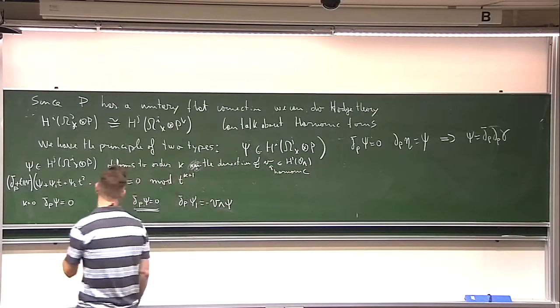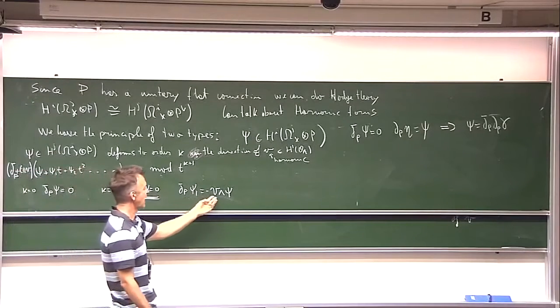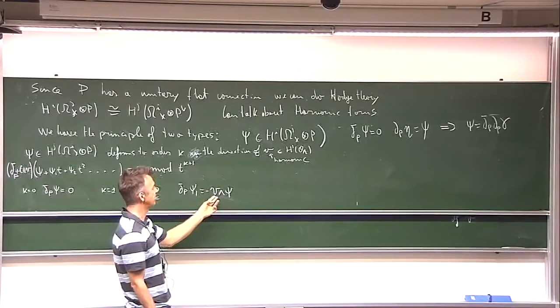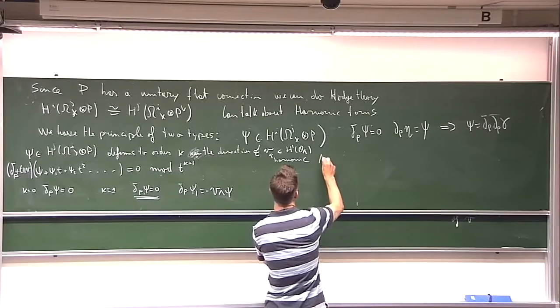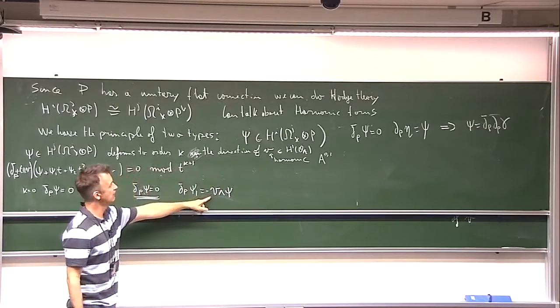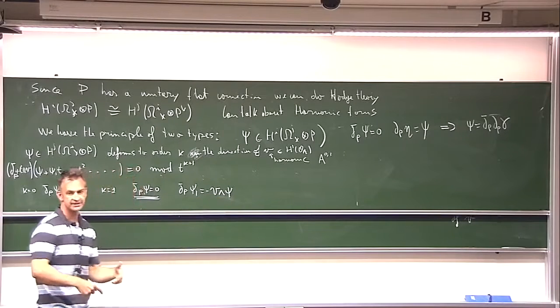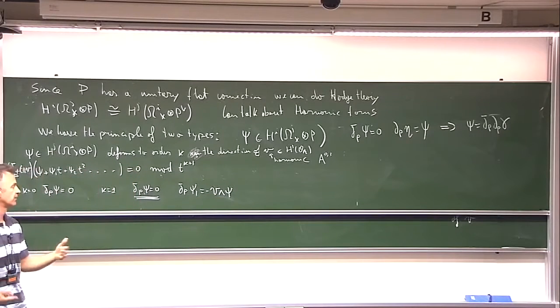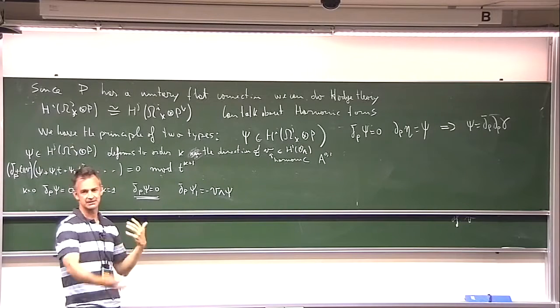Okay, so what do I have here? I have a harmonic 0-1 form. So I have a 0-1 form wedged with an IJ form. So it's an I,J+1 form. This is ∂̄ of an IJ form, so at least they live in the same space.